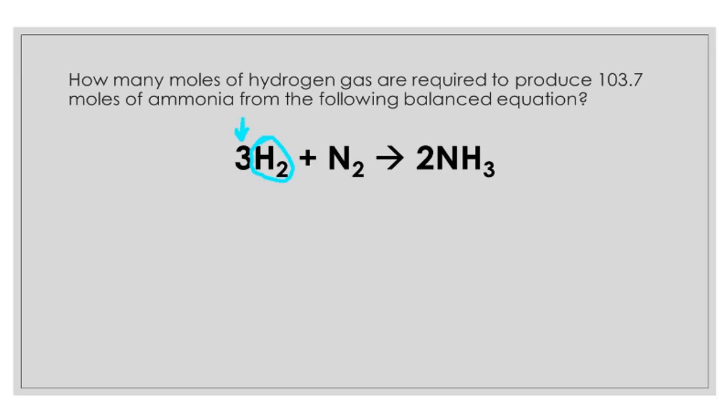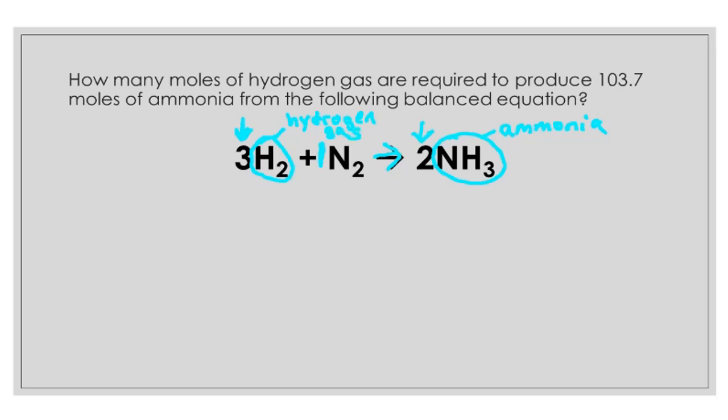So we have 3 moles of hydrogen gas, of H2, plus 1 mole, because there's nothing here, so 1 is implied, of elemental nitrogen, or nitrogen gas, yields, and that's the yield arrow, 2 moles of ammonia. And ammonia is this NH3 altogether. That's ammonia. This is hydrogen gas.